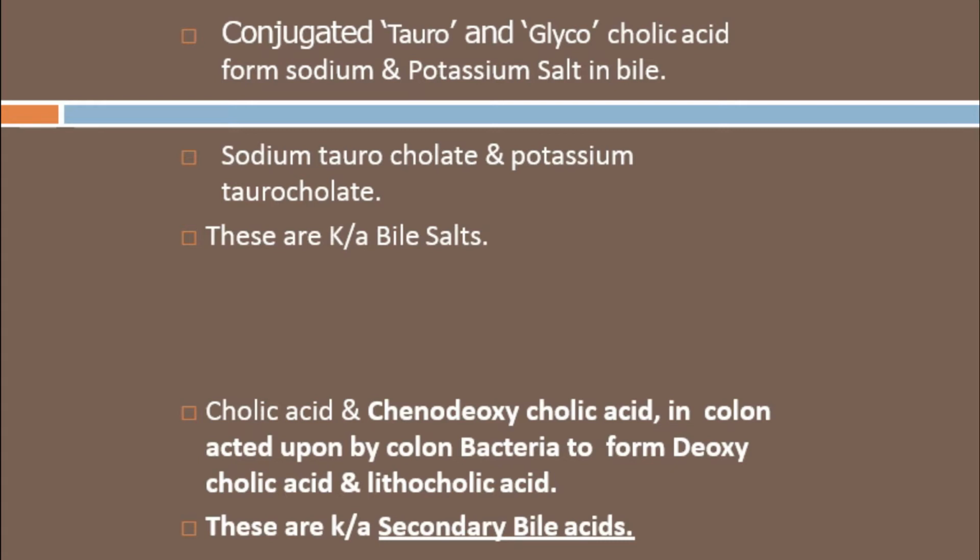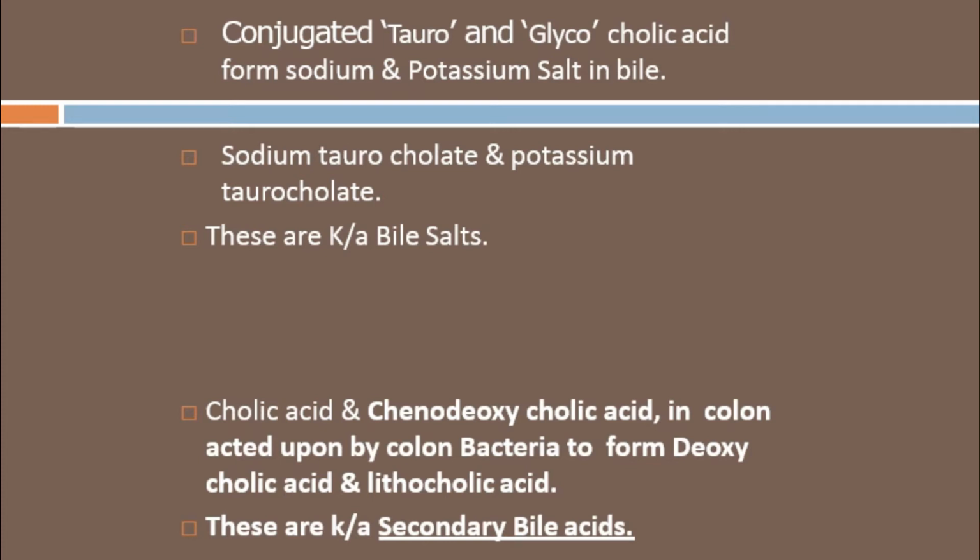So you need to know the difference between primary bile acids and secondary bile acids. The primary bile acids are those synthesized in the liver from cholesterol, with the help of the process of conjugation. The secondary bile acids are those whose synthesis takes place in the colon with the help of the bacteria found in the colon.